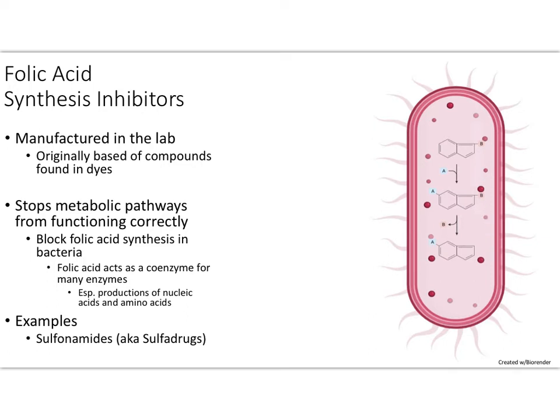So if this is the pathway that is used to create folic acid, this type of antibiotic will come in and interfere with one of those steps, whether it is at the first step or the second step. In the end, either way, folic acid is not created.